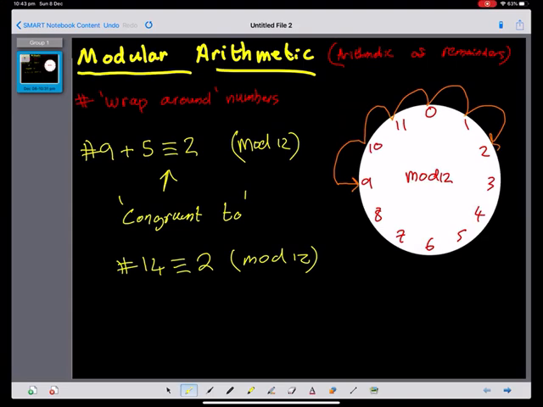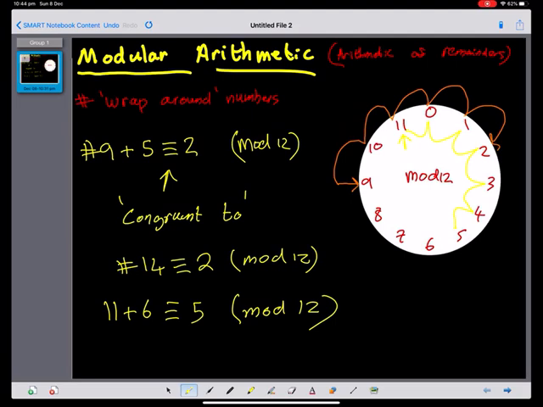Let's do one more example. Let's do 11 plus 6. Now, under normal circumstances, normal arithmetic, 11 plus 6 gives 17, but we're working in mod 12. So we start off here, and we're going to move 6 spaces. 1, 2, 3, 4, 5, 6.